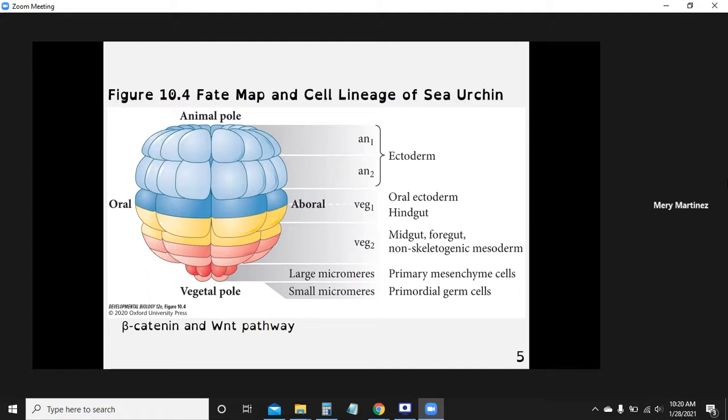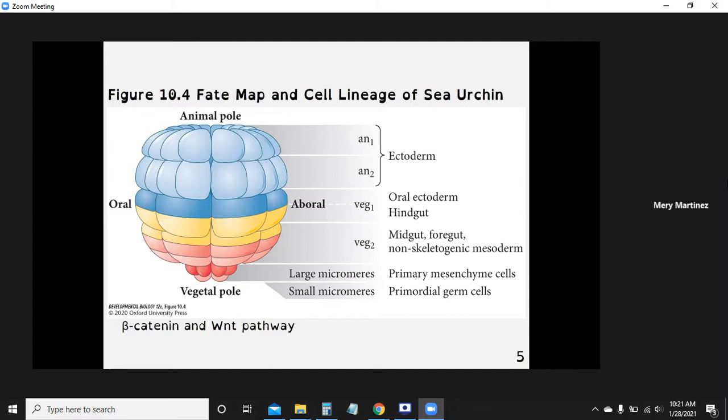Okay? So the accumulation of this transcription factor specifies the vegetal half of the embryo, and that's why we're going to start having the vegetal plate, because these are the micromeres that are going to start differentiating.